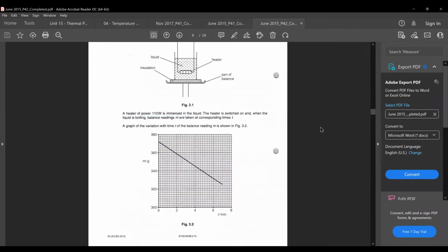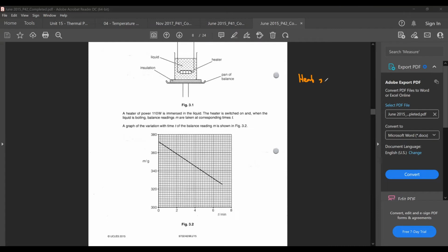Okay. So if you look at this one, I can tell you the heat supplied by the heater is equal to the heat to boil the liquid and heat loss to surroundings.